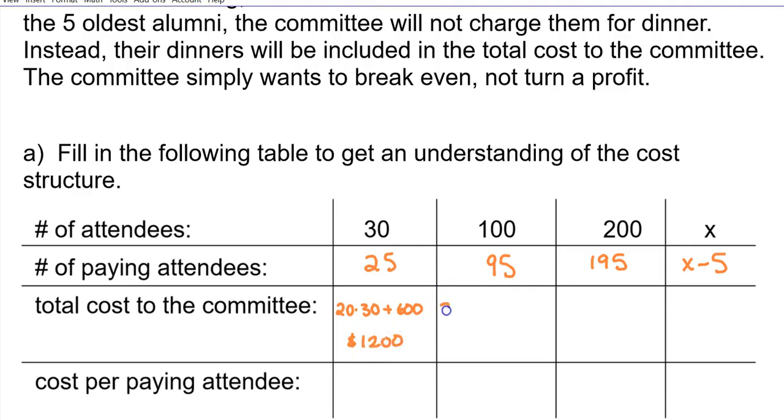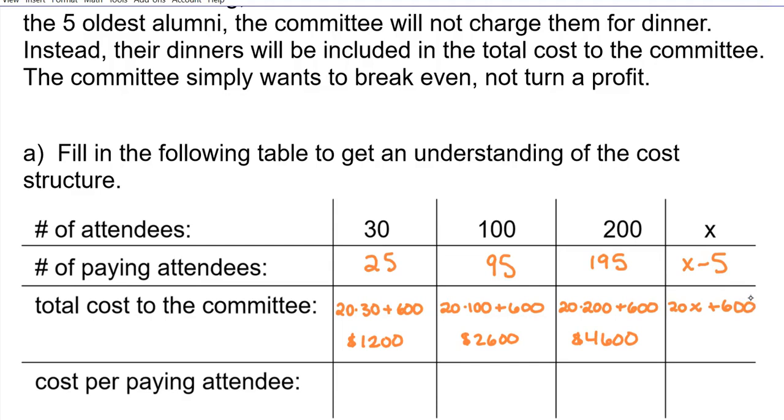For the second one, it's $20 per person times 100 people having dinner plus $600 for the venue, and that is $2,600. For the third one, it's $20 per dinner times 200 dinners plus $600 for the venue, and that is $4,600. And now we're going to generalize. So we have $20 per dinner times X dinners plus $600 for the venue.